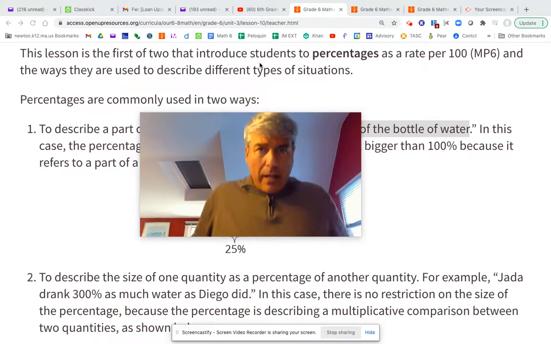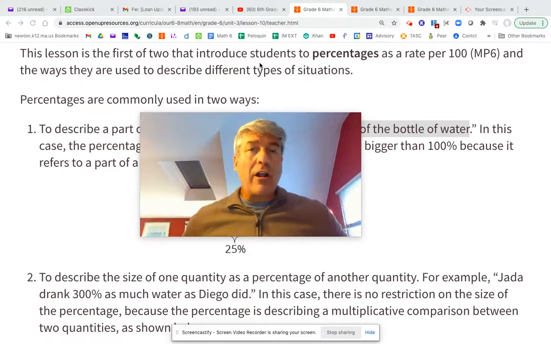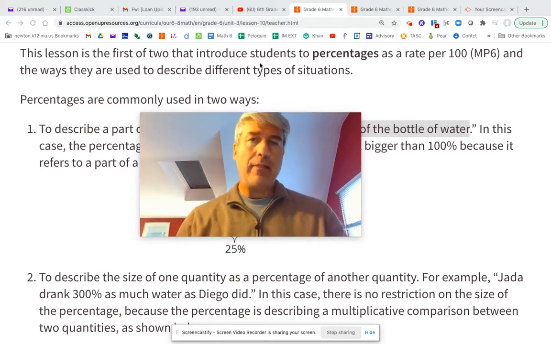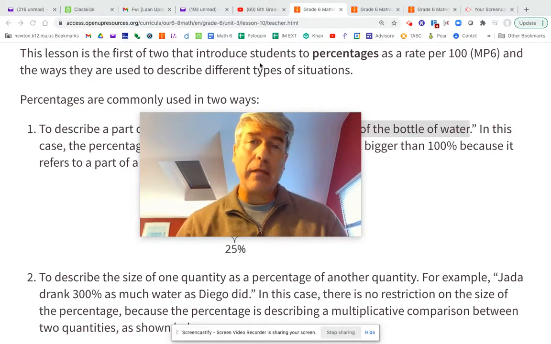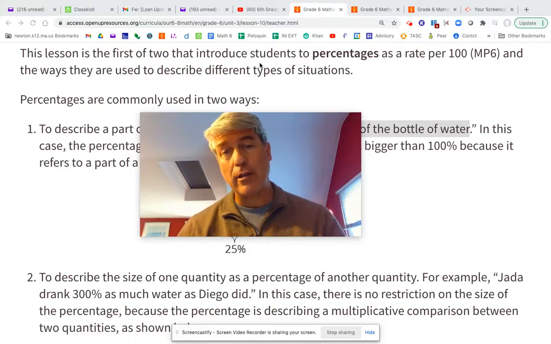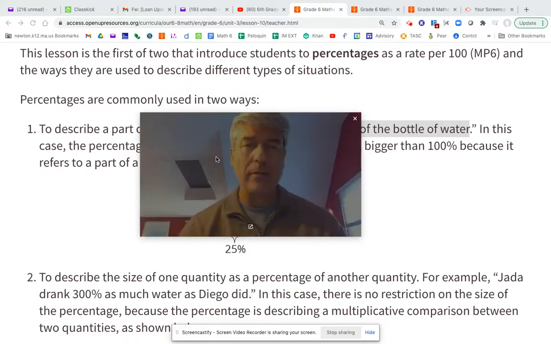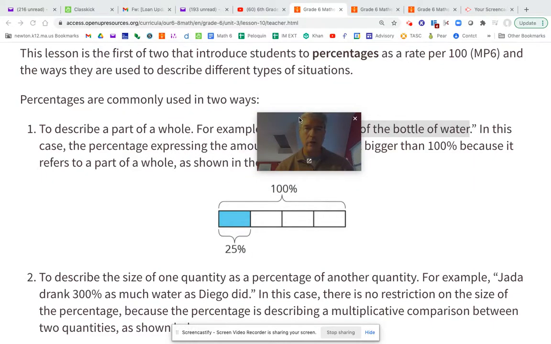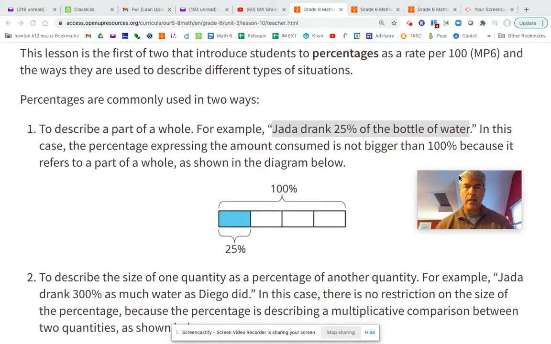And the total amount is typically always 100%. And then we have a part, which actually can be either less than 100%, but sometimes and rarely it's even more than 100%. So I'm going to use some examples just to show you what I mean by that, and we'll continue our learning for percentages.